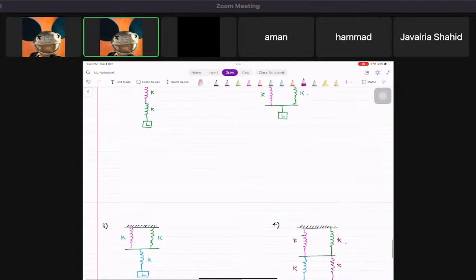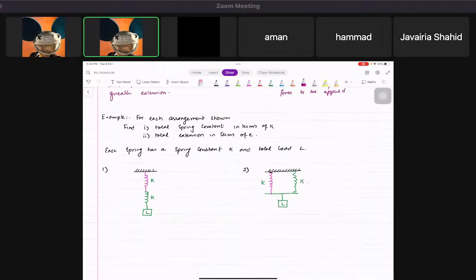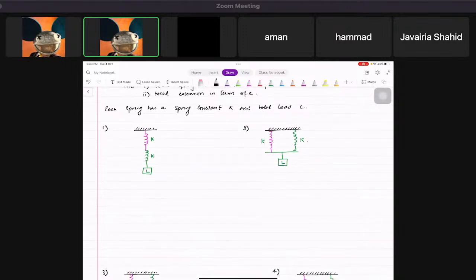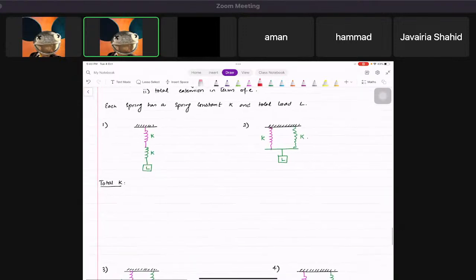Okay, I hope you guys have drawn it, so we'll go to the first one then. First of all, let's look at the total K. Okay, so we want to find that. So for total K, I'm going to say, okay, because this is a series system, and I know in a series system, the K is given by 1 upon K equals 1 upon K1 plus 1 upon K2.